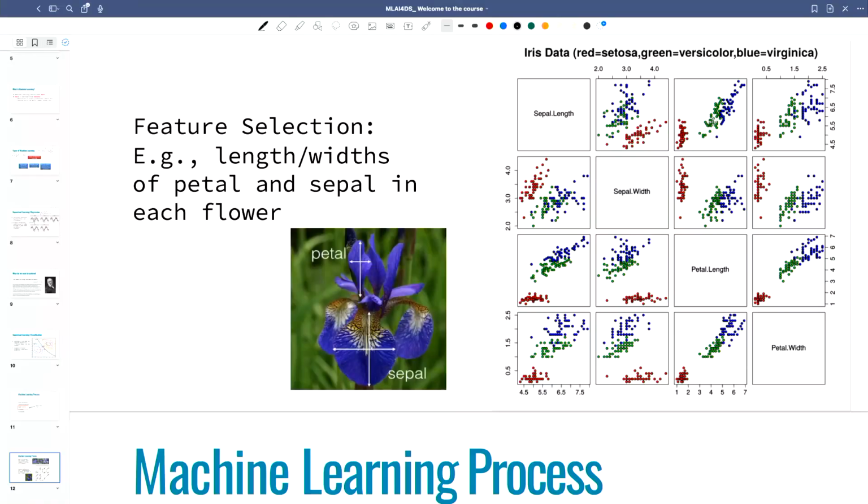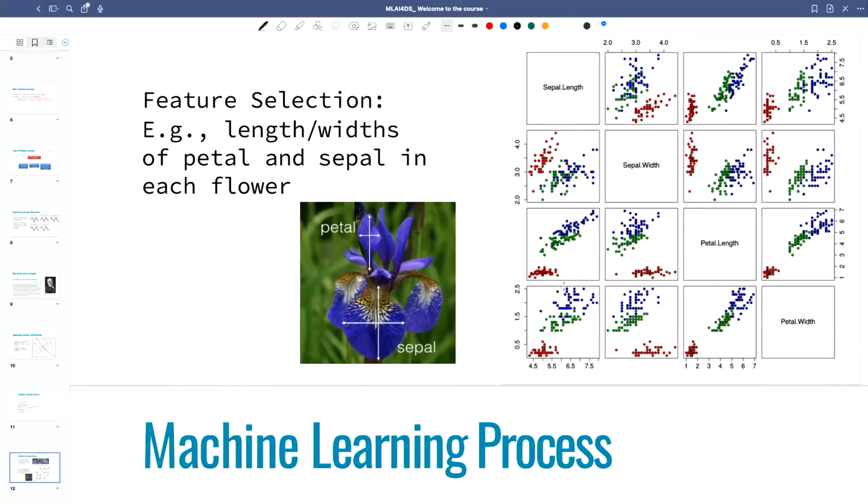But some are not that successful. For example, look at this distribution plane here. Sepal width versus sepal length doesn't mean much. So they're not discriminative features, or discriminant features, okay? So some features are good, some features are bad.